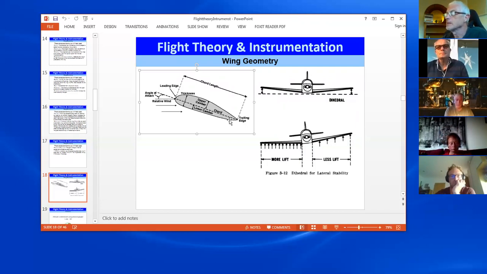That distance is the chord, and it quite nicely shows the angle of attack on this diagram as well. That's the main thing for that. As I say, we're not flying aircraft with fixed wings, so you don't need to know how the way the wings move keeps the plane stable. I wouldn't worry too much about that.